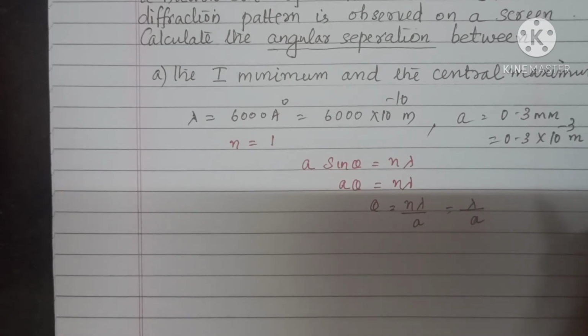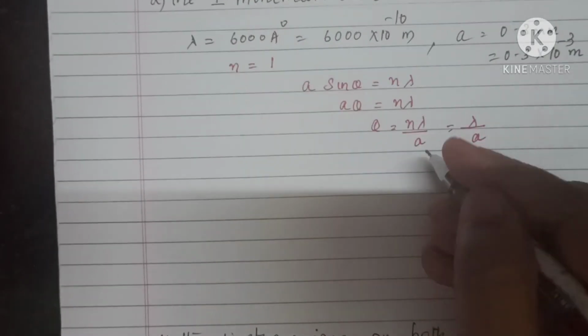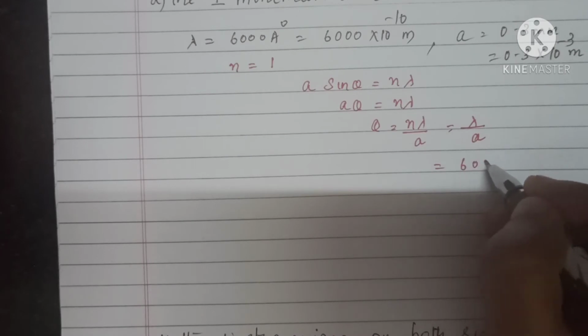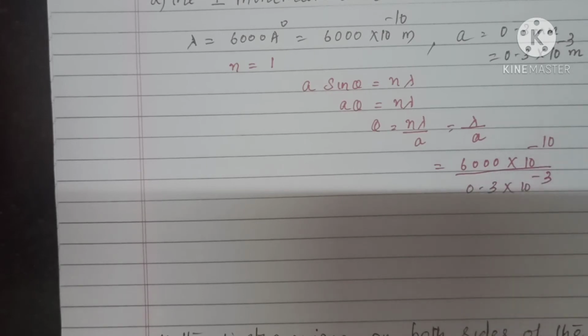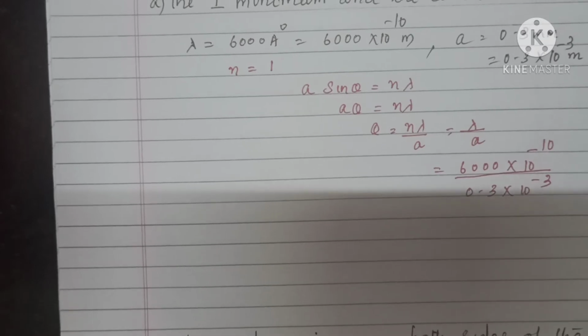So the expression for theta is lambda by a. Now substitute the values. You have the values, right? So you can substitute here as 6000 into 10 power minus 10 divided by 0.3 into 10 power minus 3. Clear? So you will get the value for theta, that is the angular separation, which will be in radians.